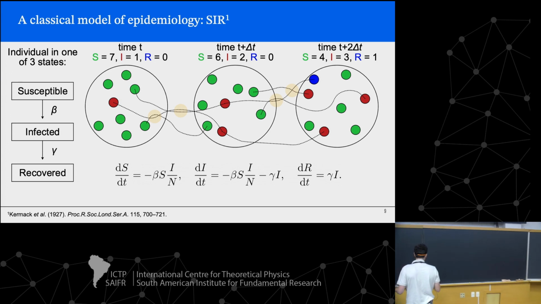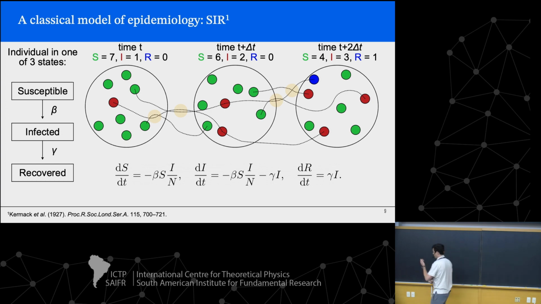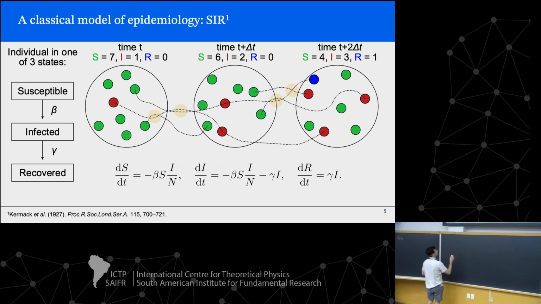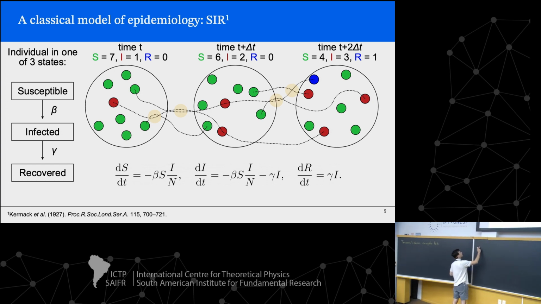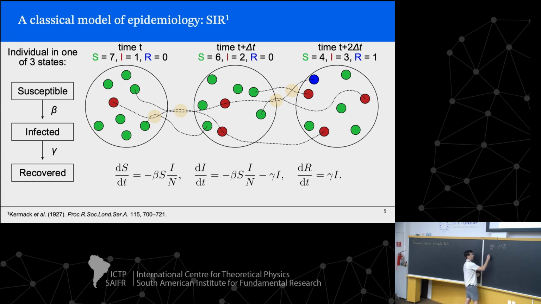I would like to take a moment to look back at this equation. So you've learned, I think, how to integrate those, and I would like to point out that if what you're interested about is just to know what are the values of S, I, and R that you're going to meet, you don't always need to integrate it. To see this, let me define here for a moment a function called nu of t.